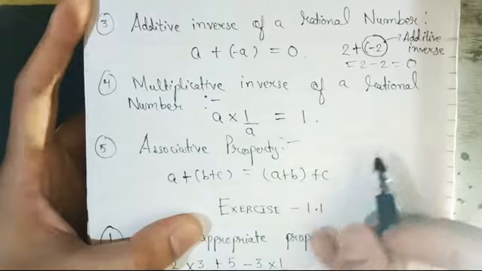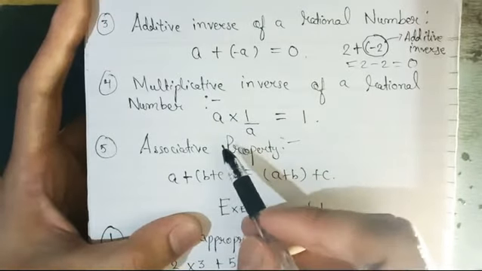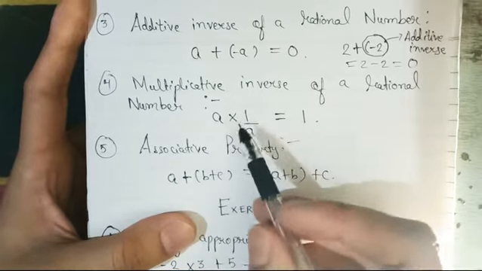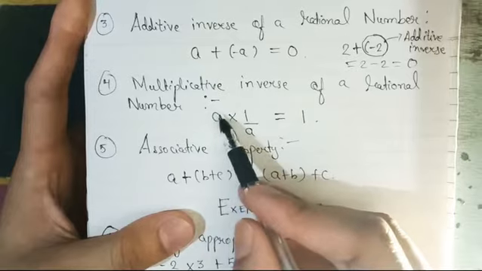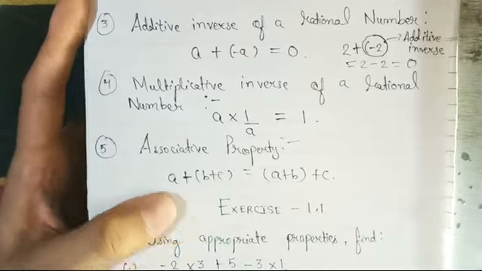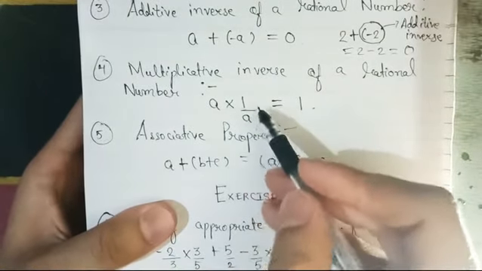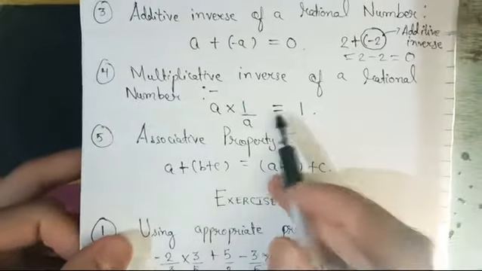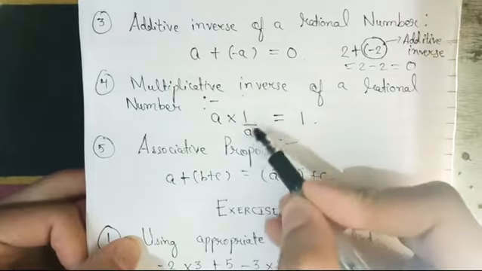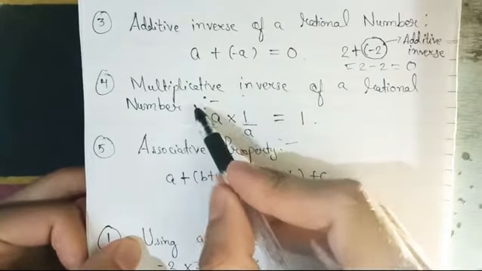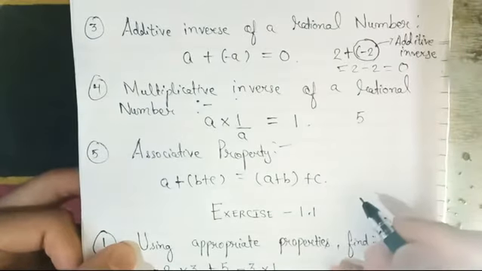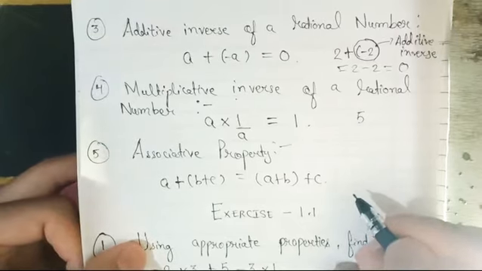Similarly, the multiplicative inverse of a rational number. Suppose a rational number a is given to you, and you want to calculate the multiplicative inverse of a. a is a rational number, either an integer or any real number. What does multiplicative inverse mean? Inverse means reciprocal, the reciprocal of whatever number is given to us. For example, I am writing here 5, and I want to calculate the multiplicative inverse of 5.